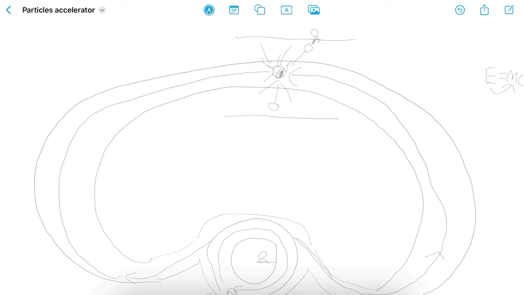Maybe we are missing something that we can find the answer to in a particle accelerator. So the particle accelerator or Large Hadron Collider can answer many questions that modern physics has, and may provide us clues to why the universe behaves in the way it does today.